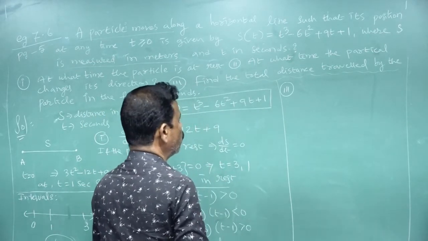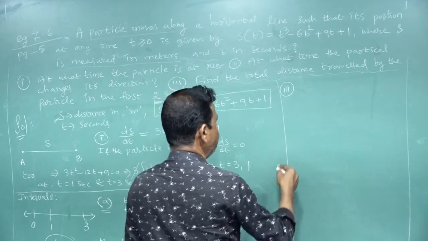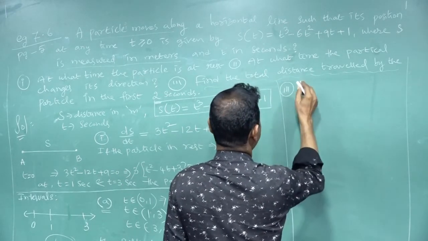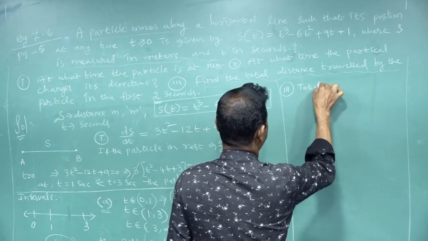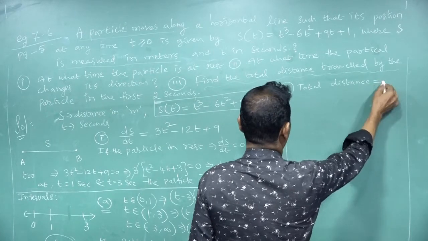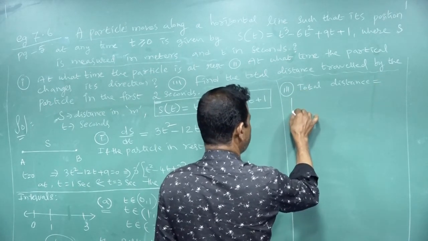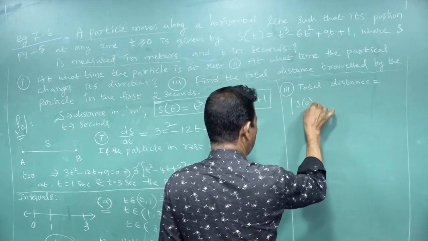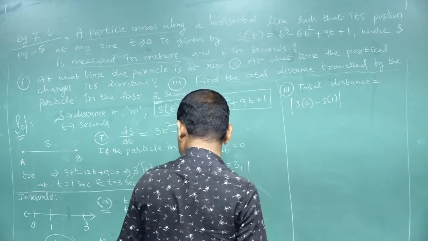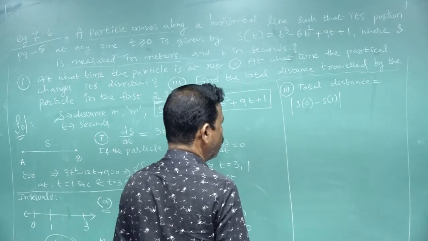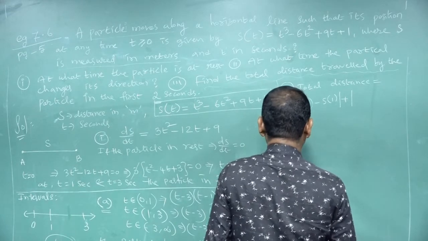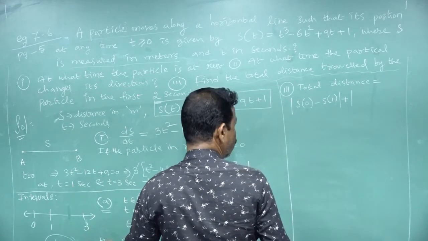That means the total distance is equal to modulus of S of 0 minus S of 1, the difference from 0 to 1. How much distance is coming? Plus, after that, 1 to 3.